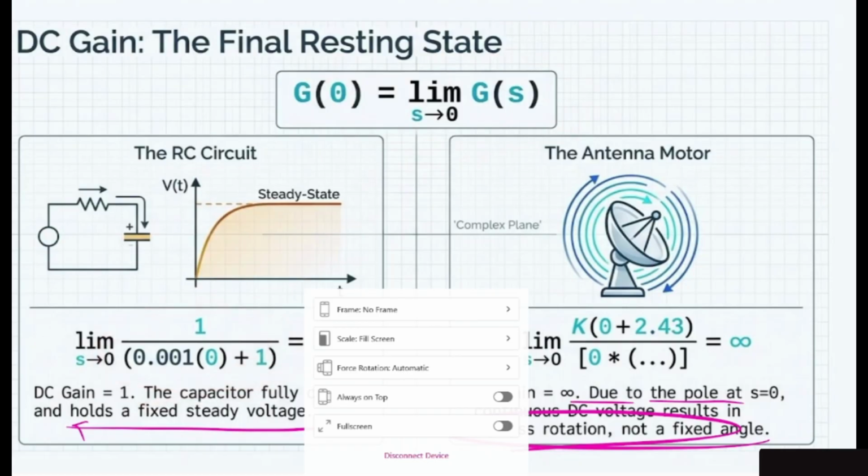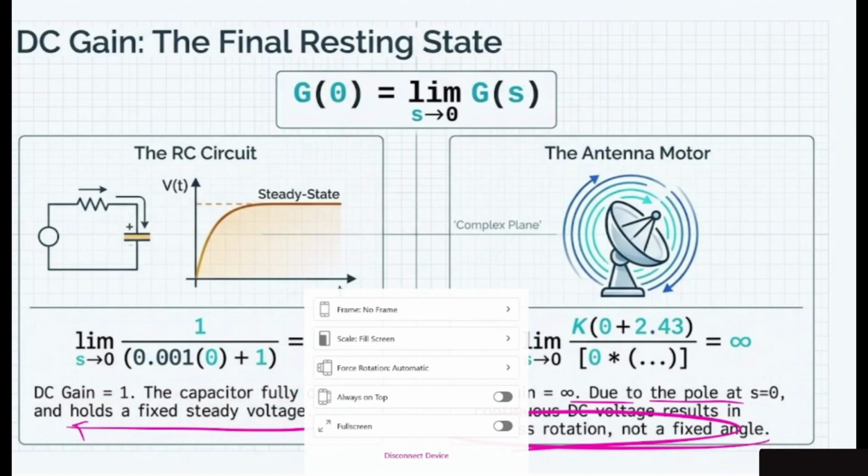So if you consider that s is equal to 0, it means that your input is something constant, so obviously your output is going to be something constant. That could be reached after some time, but if your value is constant and doesn't have any frequency, your output is something constant, and we call this DC gain. It means that your capacitor is going to get fully charged and hold a fixed steady state voltage.